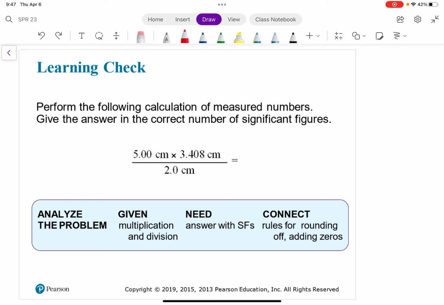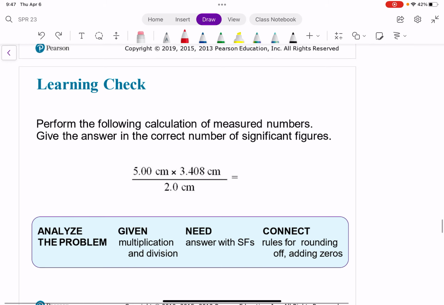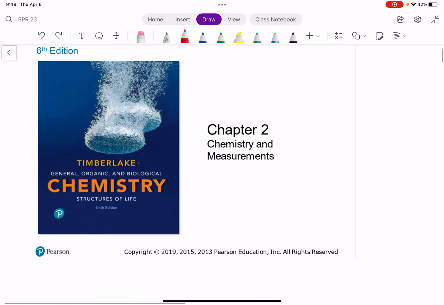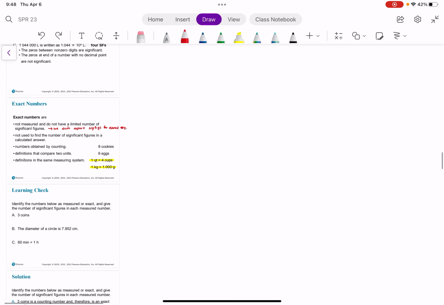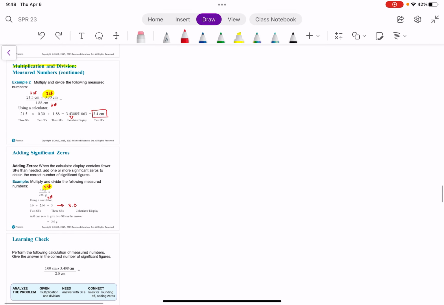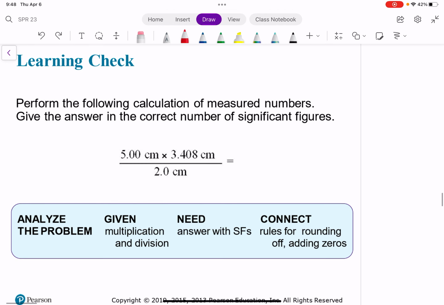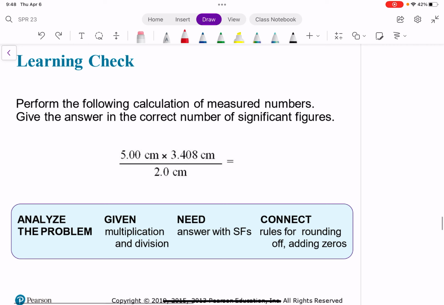Okay. So how many sig figs, that's my first step, is... Actually, let's analyze the problem first. So we know that we're given just multiplication and division, so we can just, in our final answer, report the lowest number of sig figs that we have in our measured values.